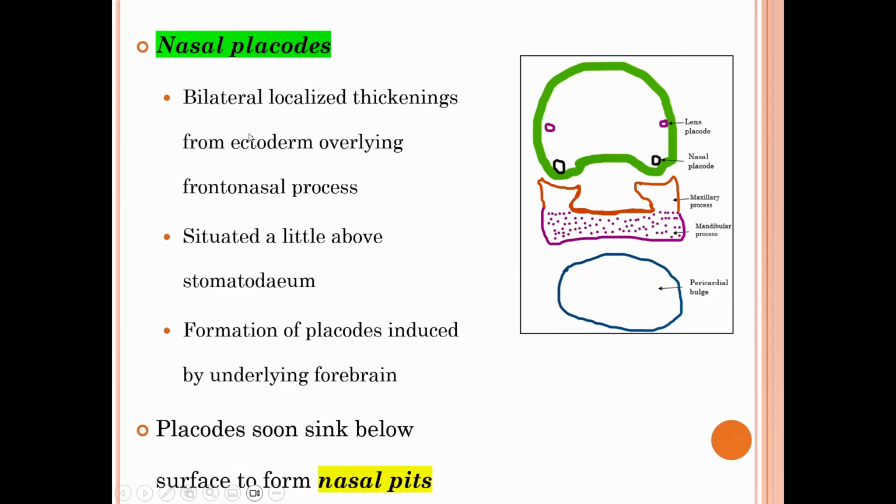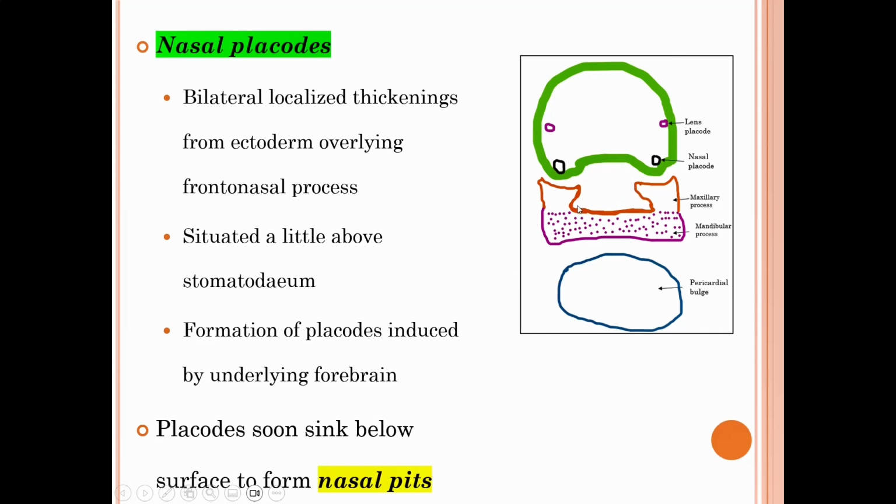Now what is nasal placode? So nasal placodes are bilateral localized thickenings of the ectoderm overlying the frontonasal process. So here is nasal placode, here is nasal placode, and it is situated above the stomodium.